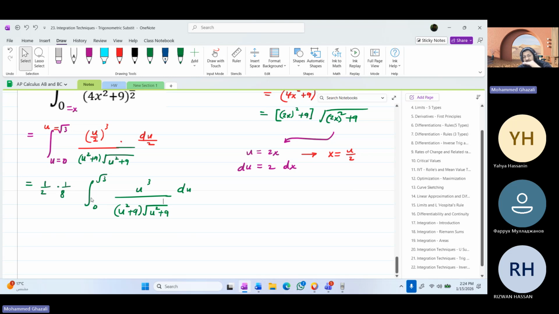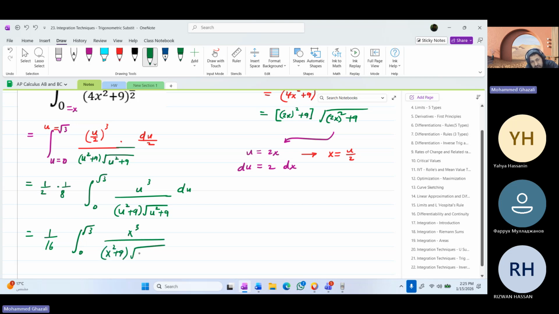Listen, guys, this is the step where I came towards. Now we can identify the form. What I'm going to do is, because it's a definite integral, you are allowed to change all your variables back into x. So this is 1 over 16, integral from 0 to root 3 of x cubed over x squared plus 9 times the square root of x squared plus 9 dx.